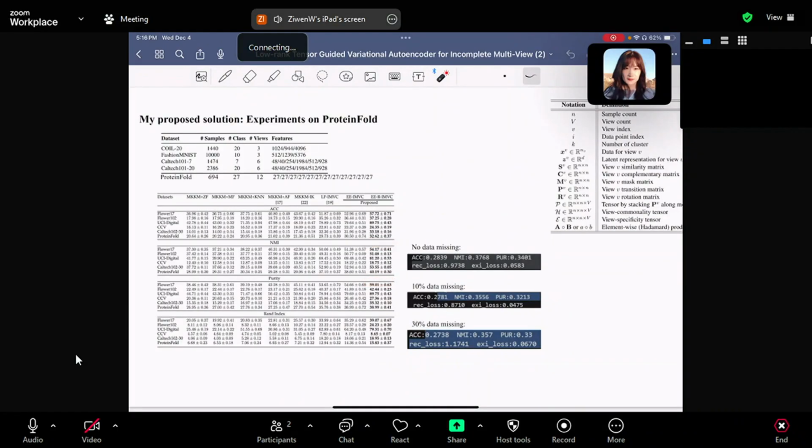ACC here means accuracy, and NMI you can understand as how well the model recognized the underlying clusters that it learns. Unfortunately, it didn't beat the state-of-the-art model on this protein fold data set.